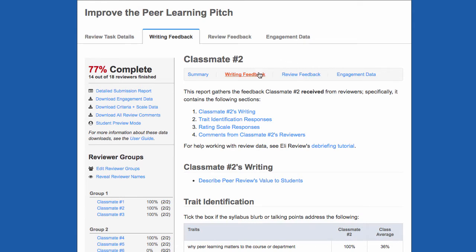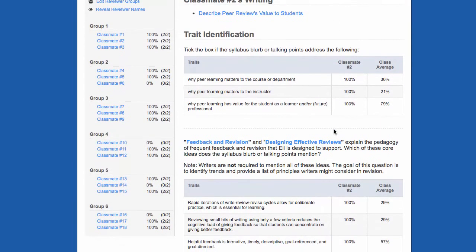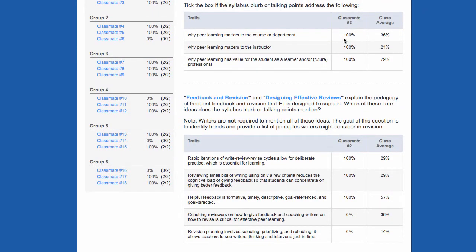The Feedback You Receive tab itemizes what reviewers think about your draft. In the trait identification checklist, you'll see a percentage of agreement among the reviewers who read your draft. Where you have 100%, both reviewers noticed that feature. Where you have less than 100%, that means one or more reviewers did not notice that particular element in your writing.